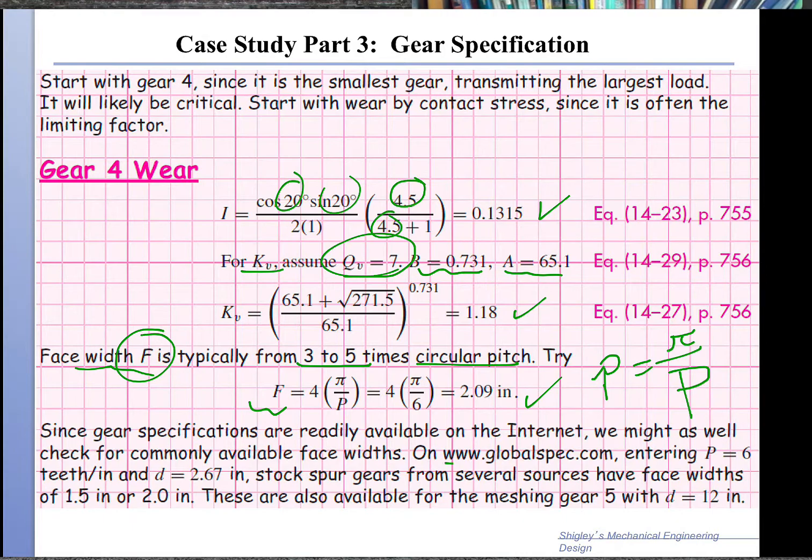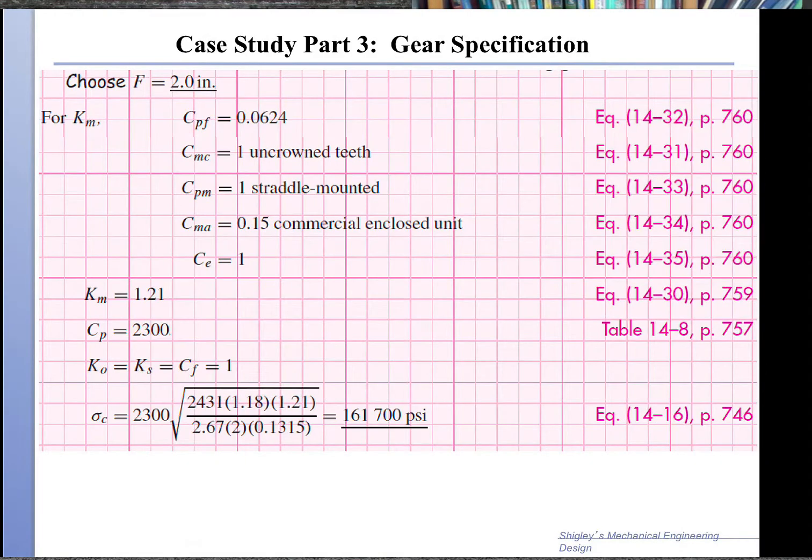So if we go to this website, globalspec.com, and get the pitch to be 6 teeth per inch, diameter 2.67, we find that available face width is 1.5 or 2, and that is acceptable. So we're going to take 2 as an acceptable face width.